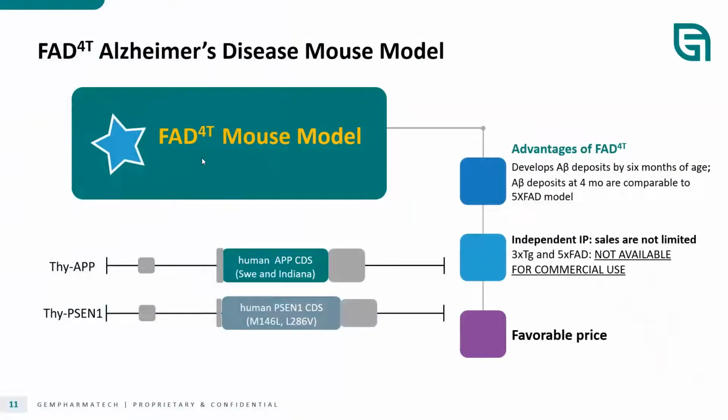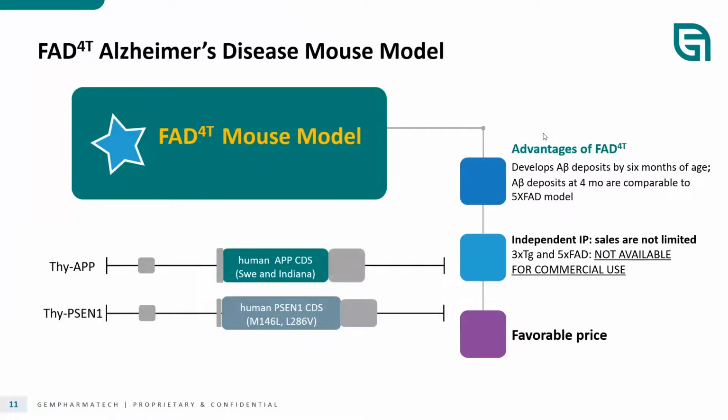As you might guess, there are 4 mutations. 2 of these, knock-in mutations, are in the APP, using the Swedish and Indiana mutations. And in PSEN1, there are also 2 mutations.